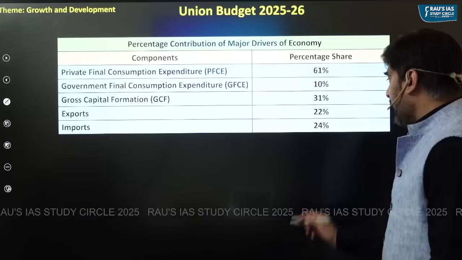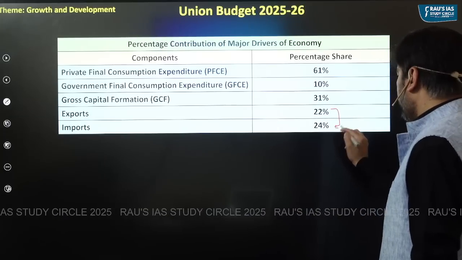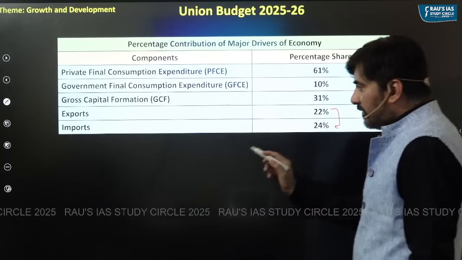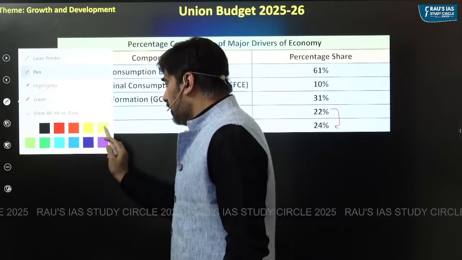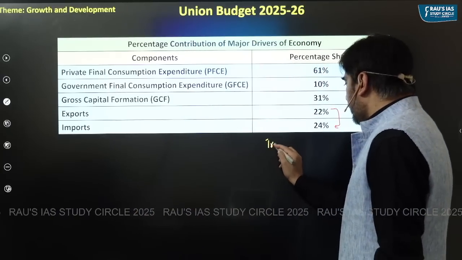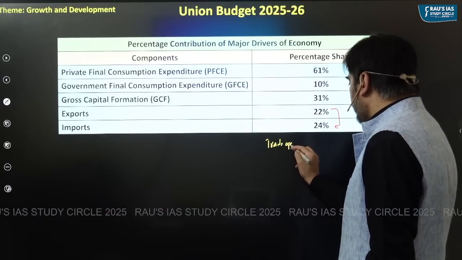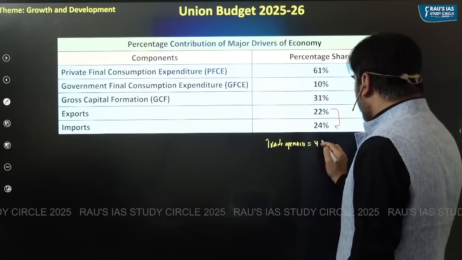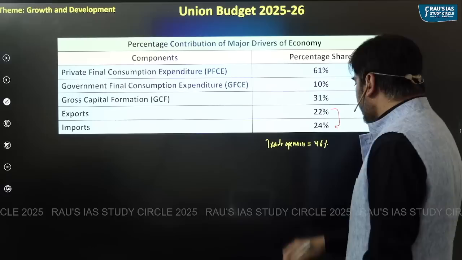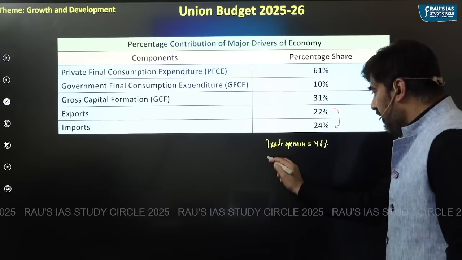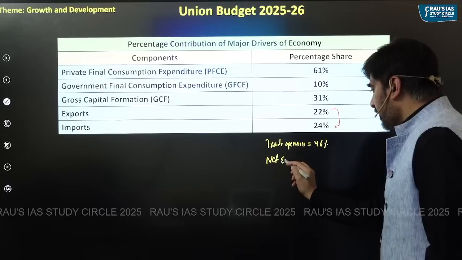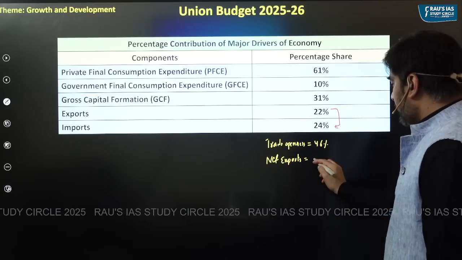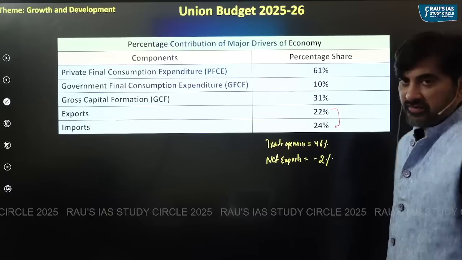If you see the trade openness of India, as we covered before, trade openness is measured as exports plus imports as percentage of GDP. It is coming out to be almost 46%. But net exports, which is calculated as exports minus imports, comes out to be minus 2%.